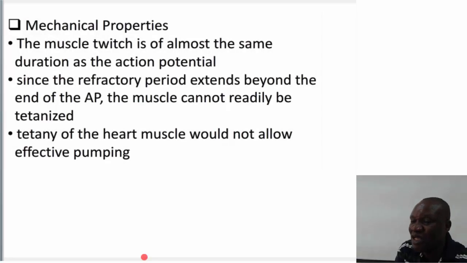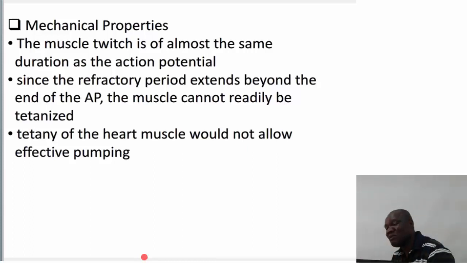There's no summation of waves in cardiac muscle, like we just saw in the skeletal muscle, where when the muscle is still contracting, you can stimulate it and a second response can be generated. And these two will fuse to produce a much greater response. That's summation of waves.